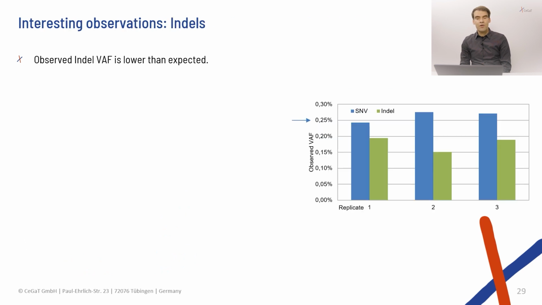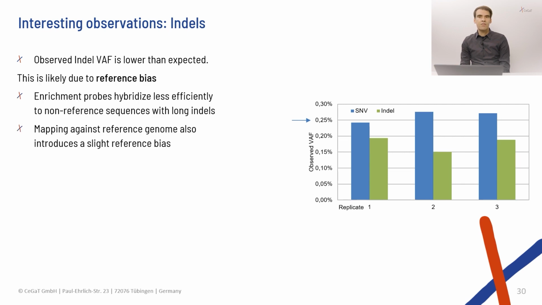Another interesting thing about Indels is that if you look at the average allele frequency observed for Indels and SNPs, you can see that in all the replicates we did, the SNPs are at the frequency that we would expect them to be, while the Indels are lower. So we had a theory that this might be due to reference bias, because we're using probe hybridization to enrich the targets of interest, and these probes would bind less efficiently to DNA molecules containing insertions and deletions.